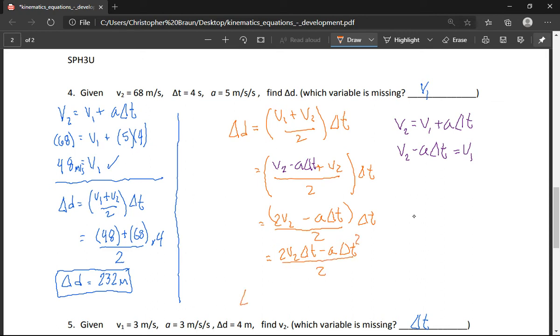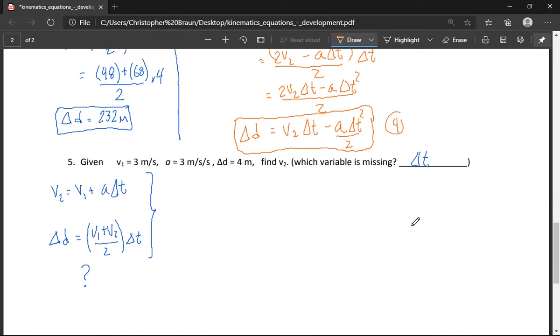And then like we did before, the 2's divide here, but they don't divide in that other term. So you get v2 delta t minus a delta t squared divided by 2. Notice how it's almost the same equation as the third equation, except in this case, we have v2 and there's a subtraction. So that's the fourth one.